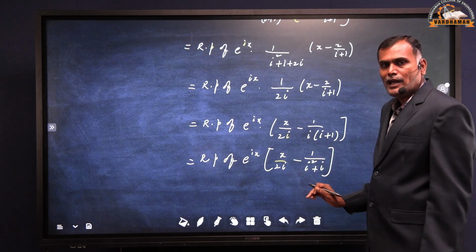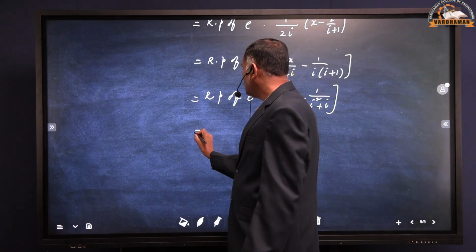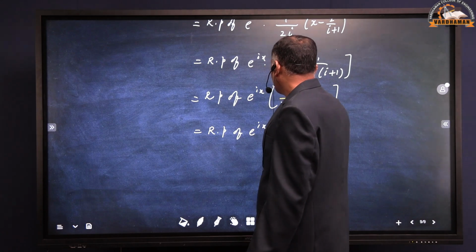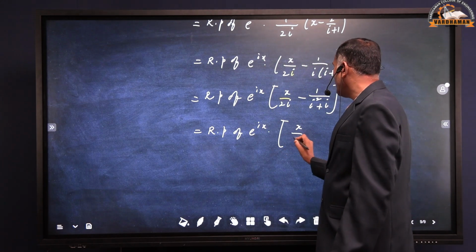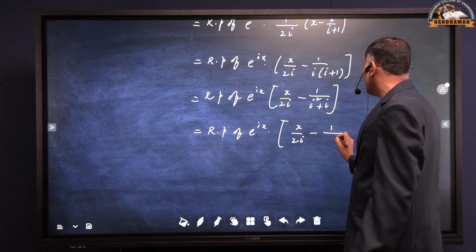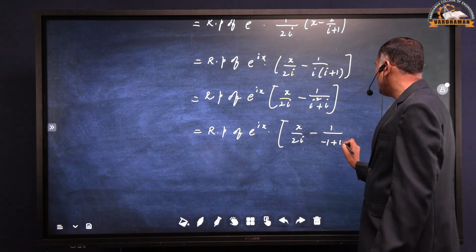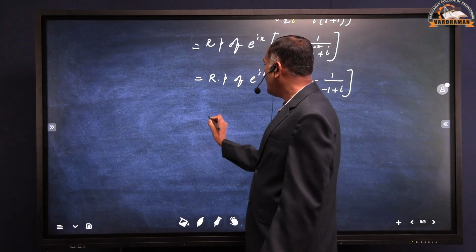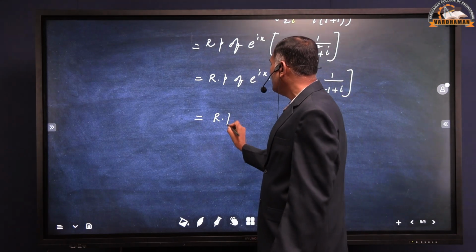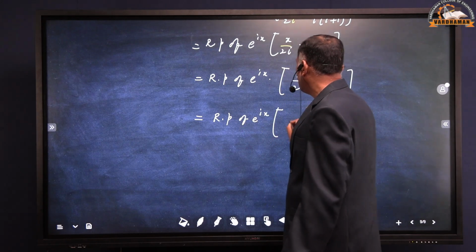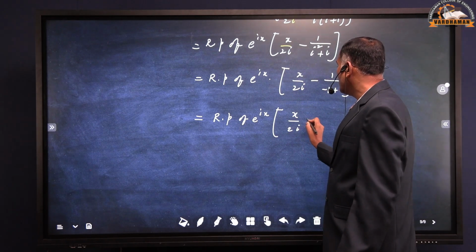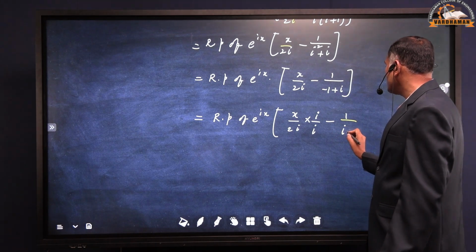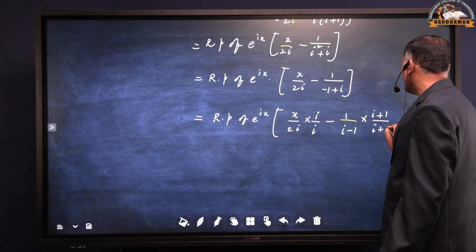We know i square is minus 1, so real part of e^(ix) into x by 2i minus 1 by (minus 1 plus i). Further we simplify by multiplying with i and dividing with i here, and here also I am doing rationalization, multiplying with (i plus 1) and dividing with it.